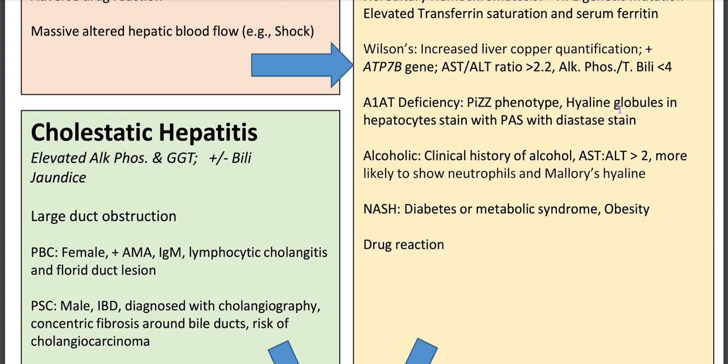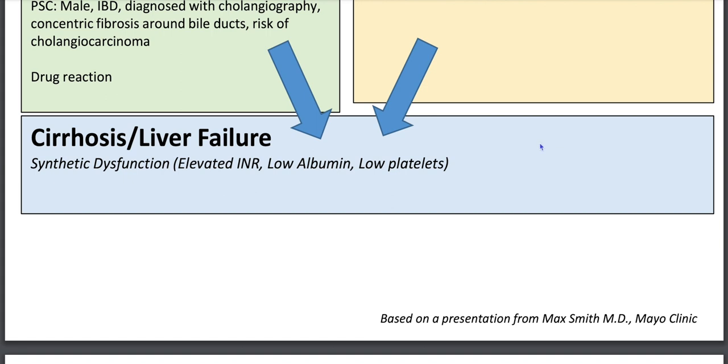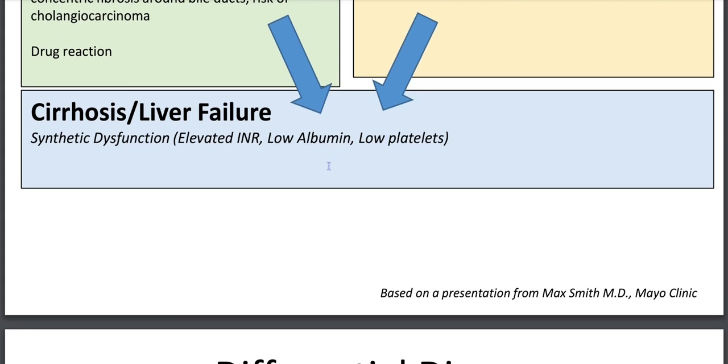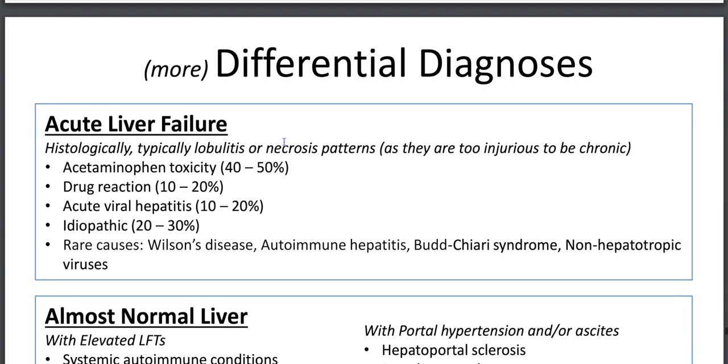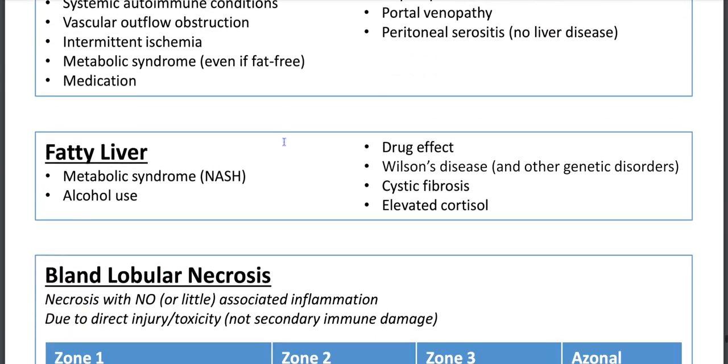The hyaline globules are positive with PAS diastase. Alcoholic can look like steatohepatitis, but look for numerous neutrophils and Mallory-Denk bodies. Regardless of the etiology, if it keeps on being prolonged and there's continued injury, it'll lead to cirrhosis or liver failure. And then more differential diagnosis, I'll leave this here for your review.